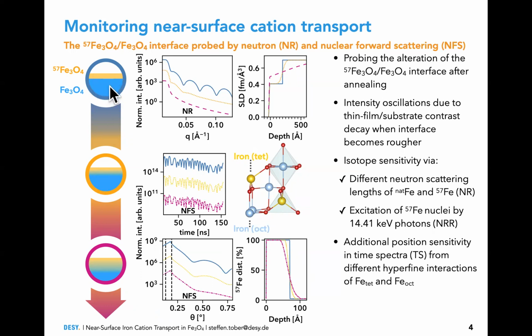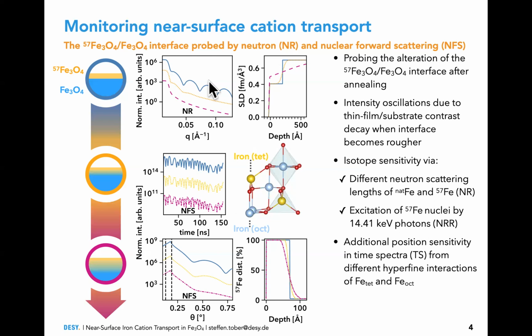And then we studied the interface stepwise after each annealing step to see how the cations intermix. And we've used at first neutron reflectivity, where we get the contrast because iron-57 has a much smaller neutron scattering length density compared to natural iron, mostly iron-56.